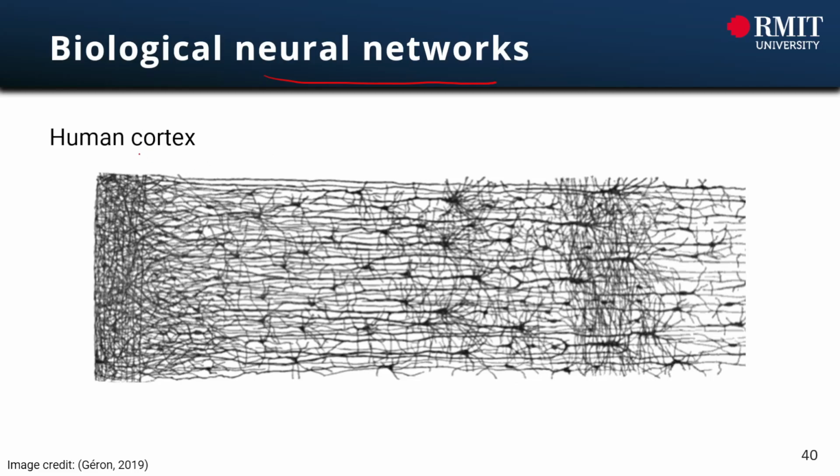And here is the example: the human cortex, the cortex in our brain. Cortex is called vỏ não in Vietnamese. You can see here you have many neurons connected together, making the thing called neural network.